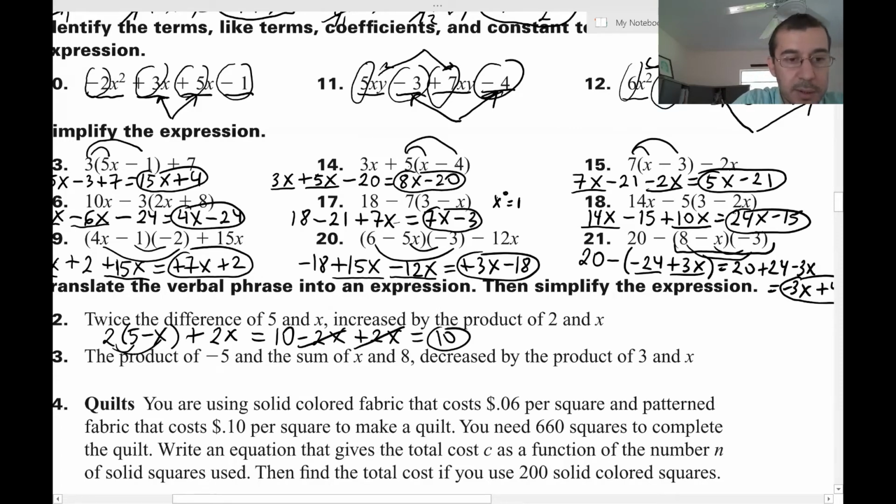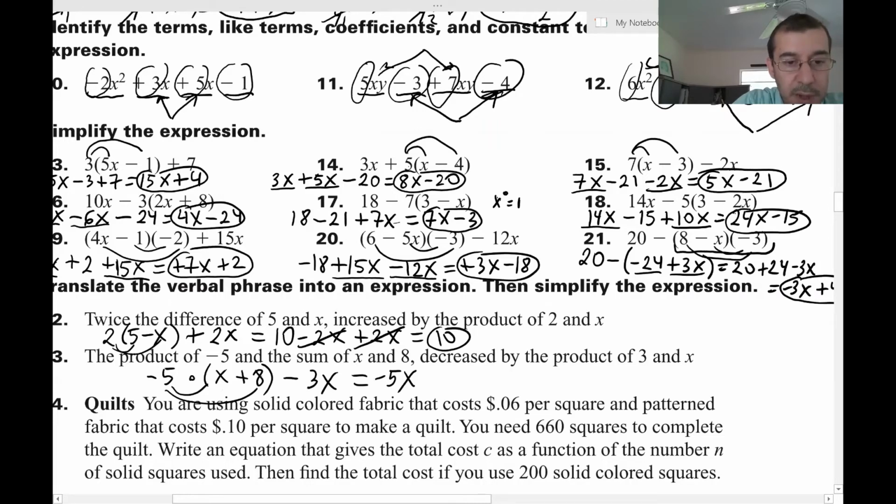Next one, the product of minus 5 and the sum of x and 8 decreased by the product of 3 and x, so 3x. I'm going to apply the distributive property here. So minus 5 times x is minus 5x.